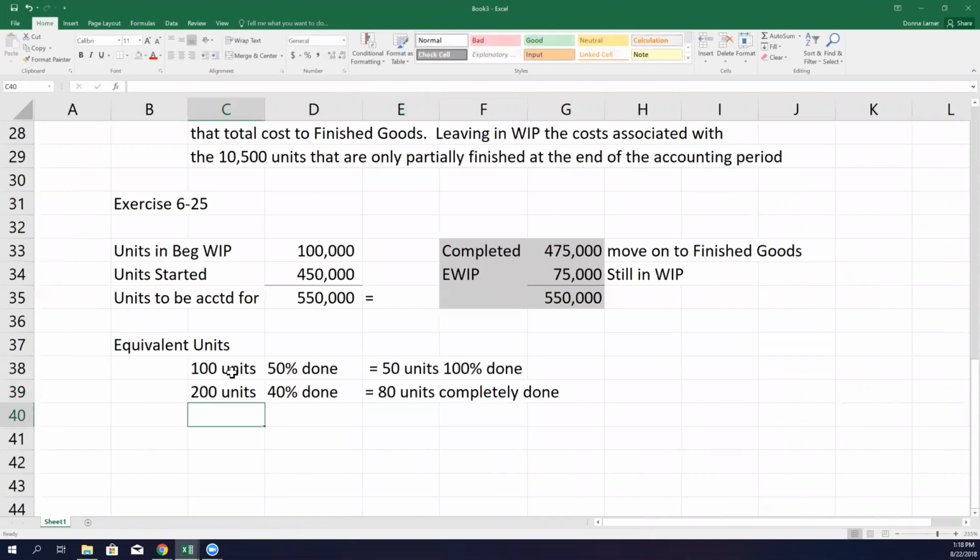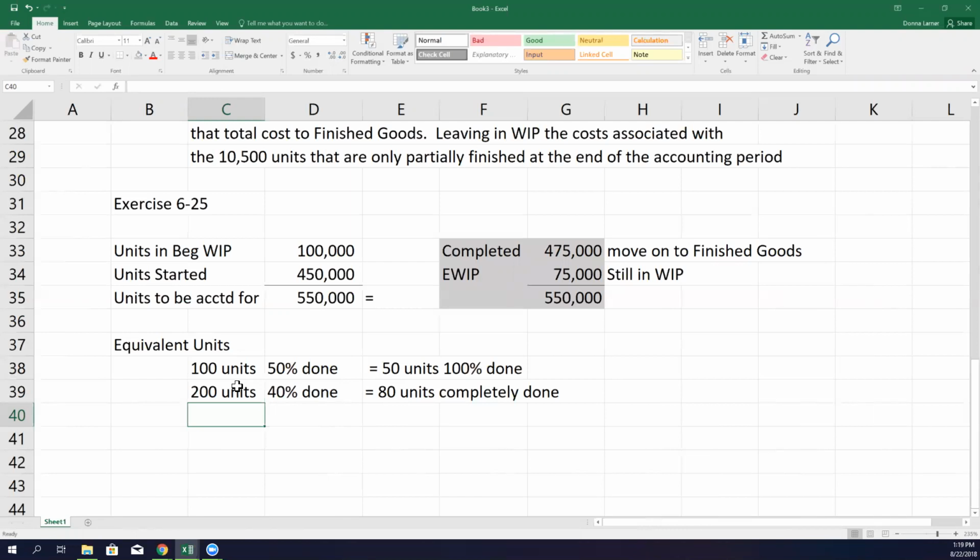So we say that 100 units half done is the same as 50 equivalent units. 200 units 40% done is the same as 80 equivalent units. Why do I care? Because I can determine the cost it takes me to make one product, like how much labor it takes to do a whole product, by using equivalent units, and I can turn that into a dollar amount.